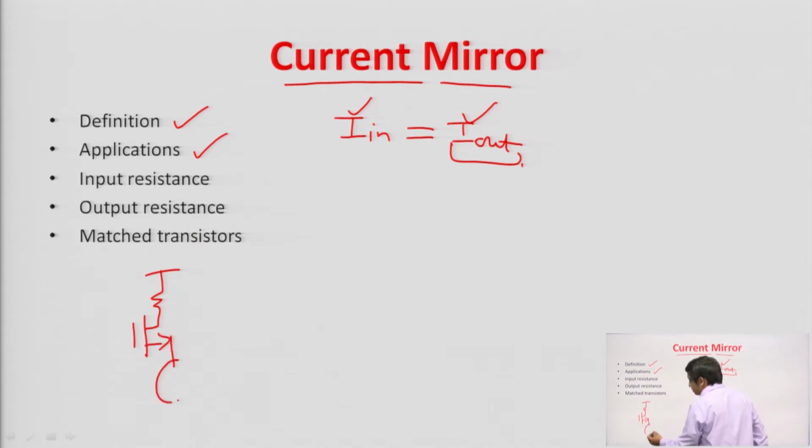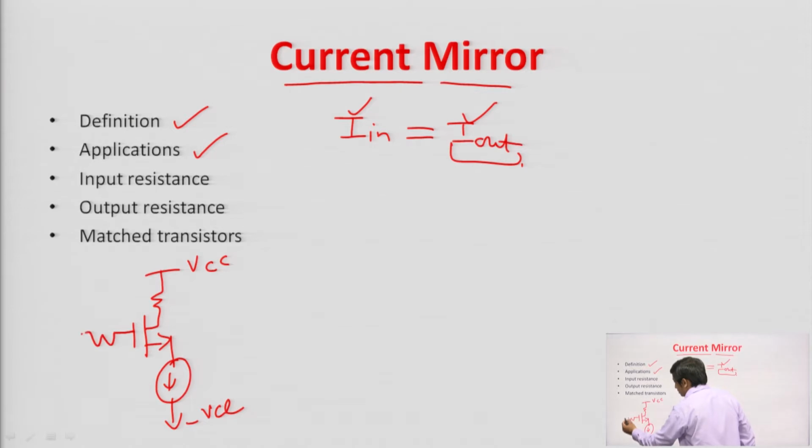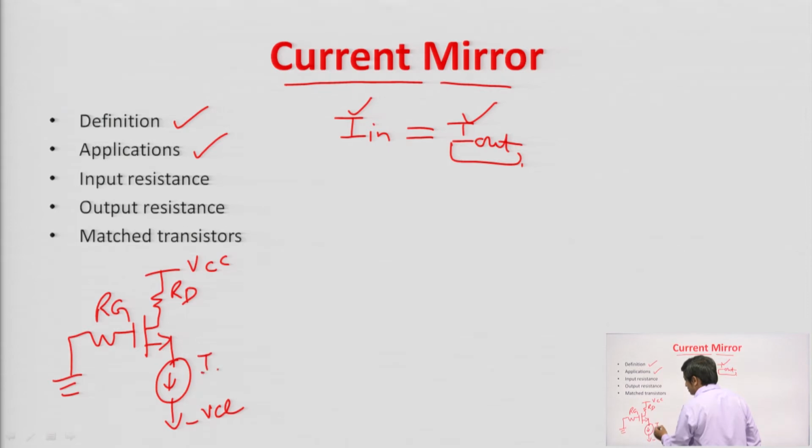So, at the source terminal we connect a current source, this is plus VCC, this is minus VCC and this is the gate resistance RG and drain resistance RD, this is the current source I. So, this current source stabilizes the DC operating point, and this current source is made up of basically the current mirror, that is the one application.